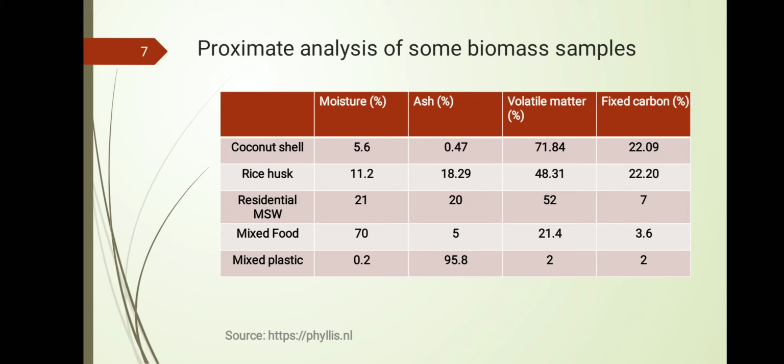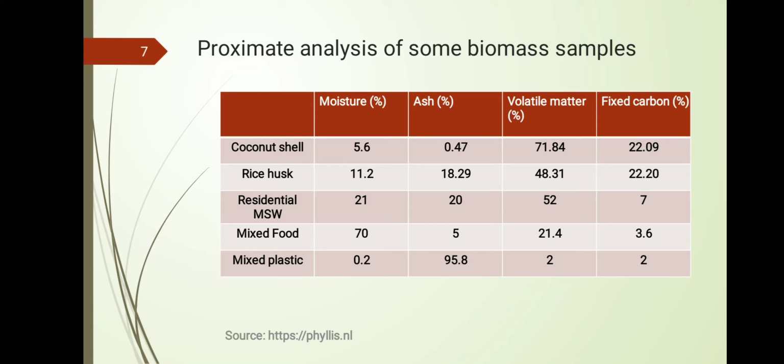But on the other hand, coconut shell has very low moisture content, and it has a good volatile matter and carbon content. We can use it for gasification or other combustion. So that is the main property, moisture, we have to look into it. If the percentage is very high, we have to go for anaerobic digestion.